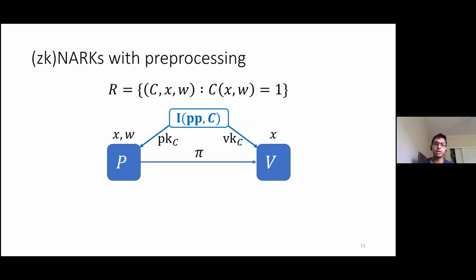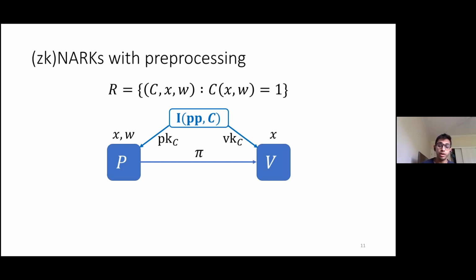And the idea here is that there is some indexer which takes in some public parameters and pre-processes them to be circuit specific, and it produces a proving key and a verification key. The prover gets the proving key, and the verifier gets the verification key. And the prover can then take PK along with a public input X and a witness W and produce a proof that X, W satisfies C.